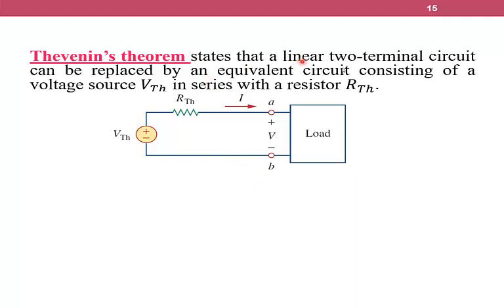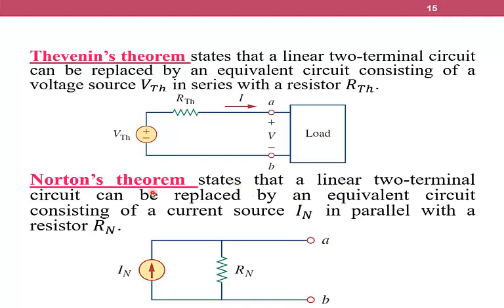Thevenin theorem states that a linear two-terminal circuit can be replaced by an equivalent circuit consisting of a voltage source V Thevenin in series with a resistor R Thevenin. Norton theorem states that a linear two-terminal circuit can be replaced by an equivalent circuit consisting of a current source I Norton in parallel with a resistor RN.